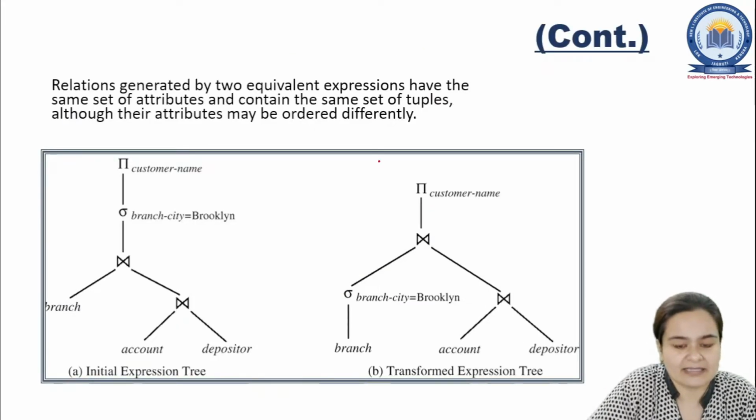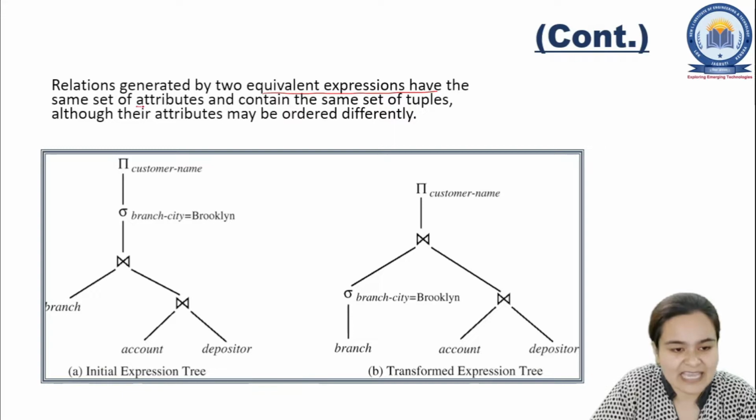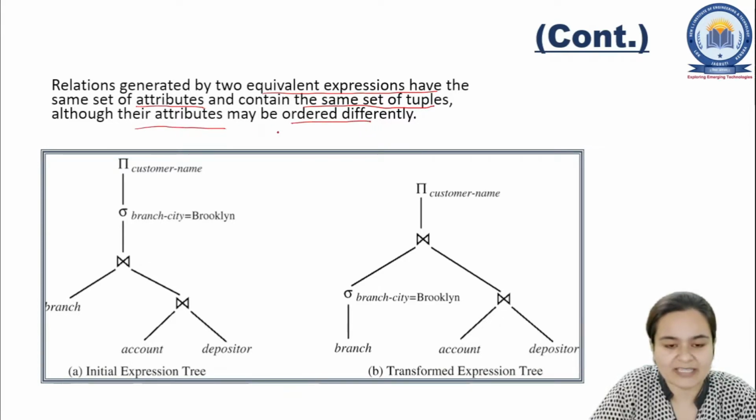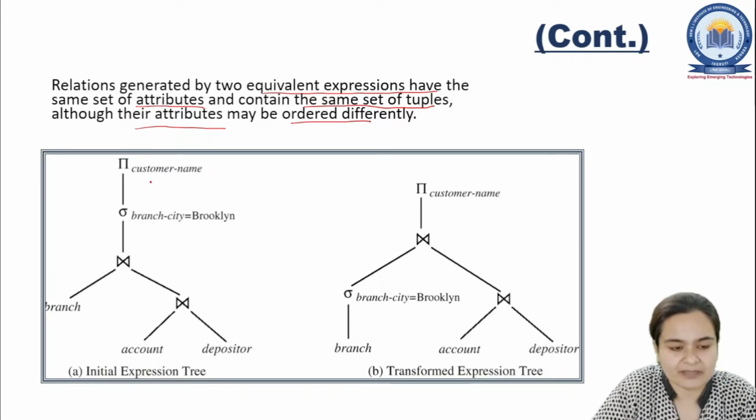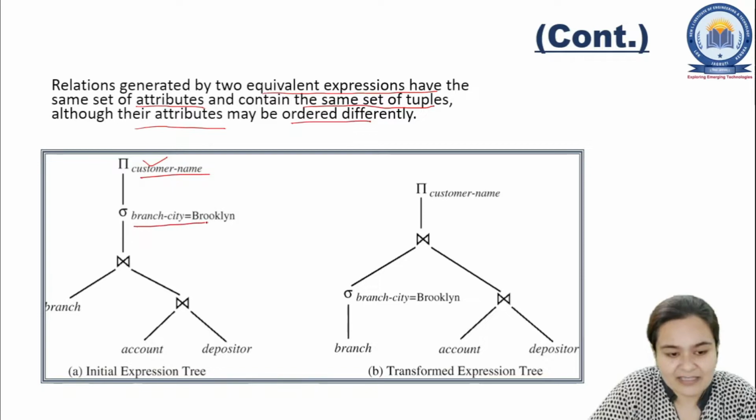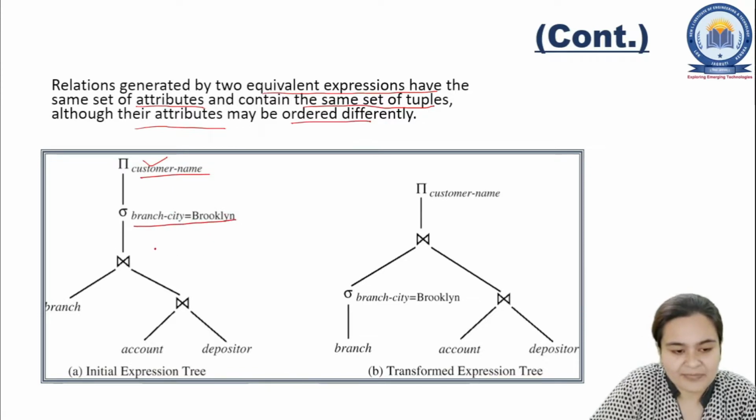Let's take an example where the relations generated by two equivalent expressions have the same set of attributes and contain the same set of tuples, although their attributes may be ordered differently. Take the initial expression tree for customer name, where the branch city is Brooklyn, and we have performed joins over account, depositor and branch.